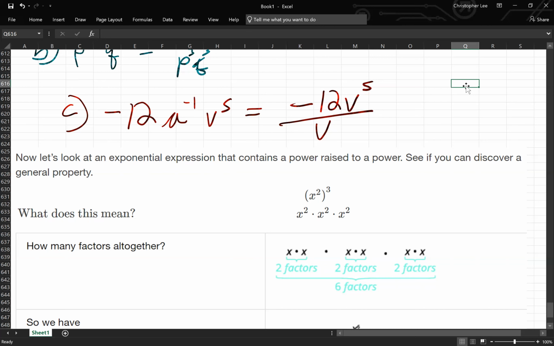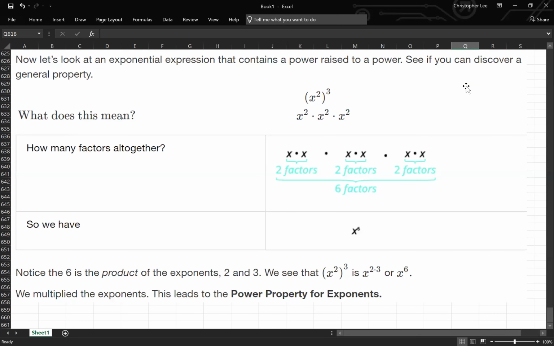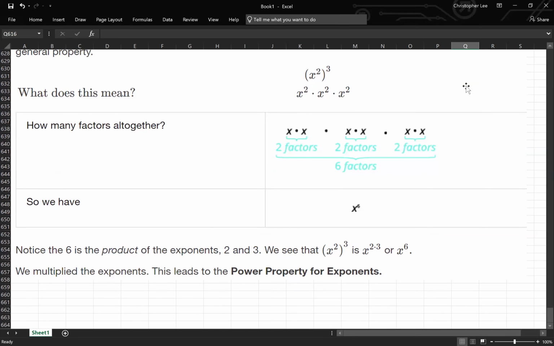And we already know, whenever I have exponents and I'm multiplying, I just add the power. So that's x to the 2 plus 2 plus 2 power, or x to the 6. So notice that the 6 is the product of the exponents 2 and 3. So x to the 2nd raised to the 3rd power is x to the 2 times 3 power, or x to the 6 power. So we multiply the exponents.